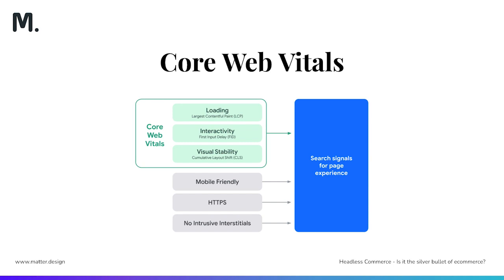And so they want to put forward the best options to the user so that they can get the best experience from their search page. So this is a really important piece for e-commerce sites right now, that the website actually performs well on these metrics so that they can maintain or increase their Google search result.